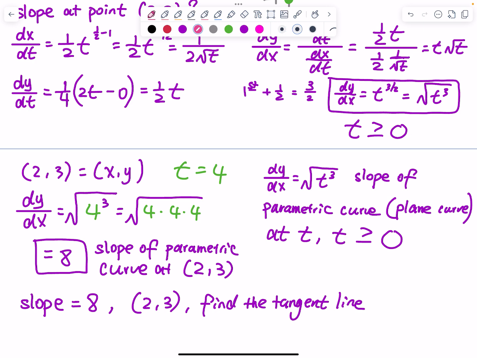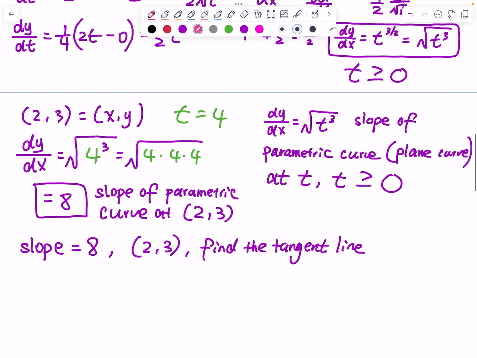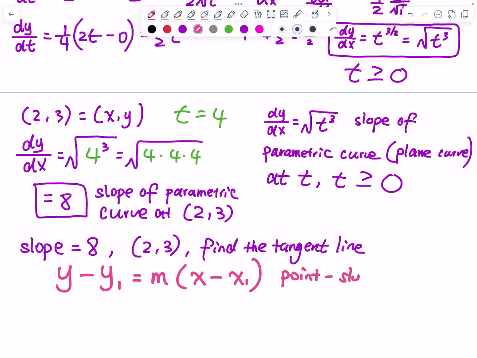Then what is the formula? The formula is the point slope form of a straight line. y minus y1 equals slope times x minus x1. This is called the point slope form. Then we do y minus 3 equals 8 times x minus 2.